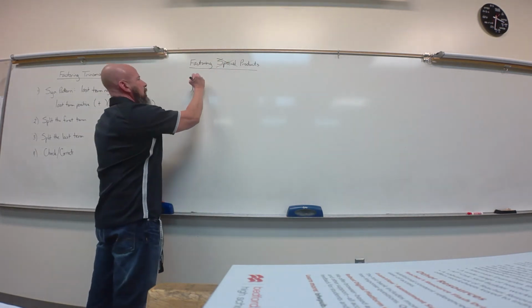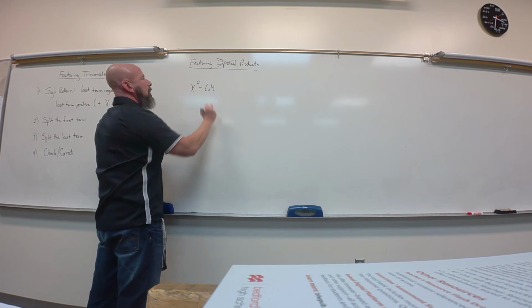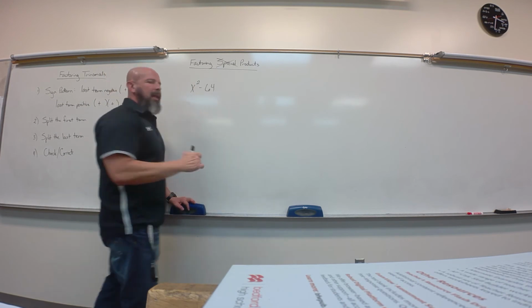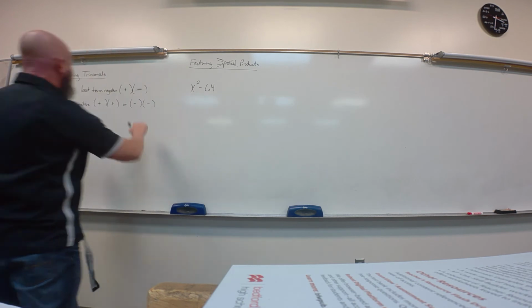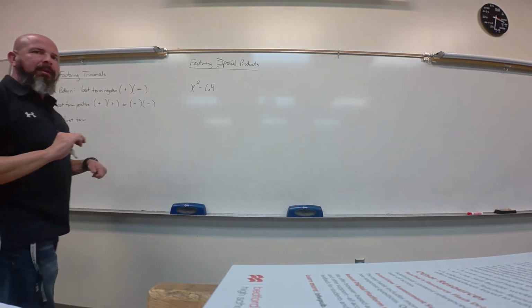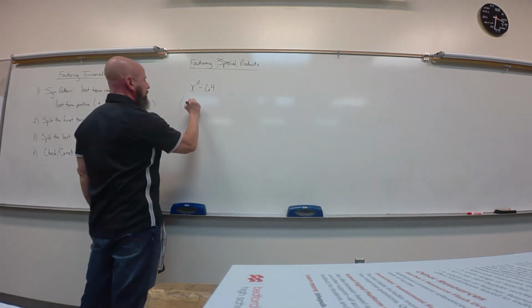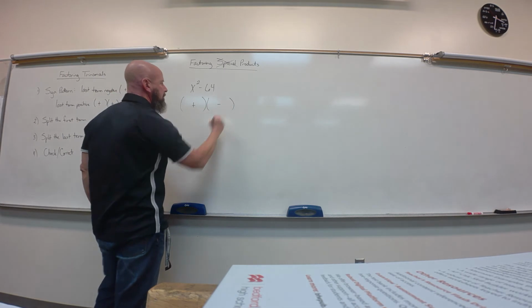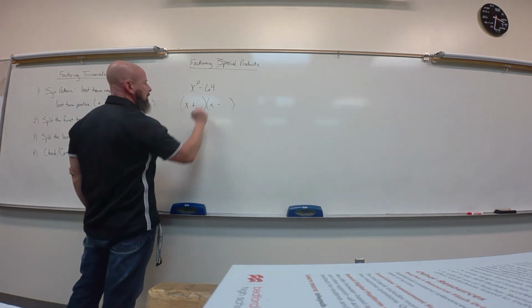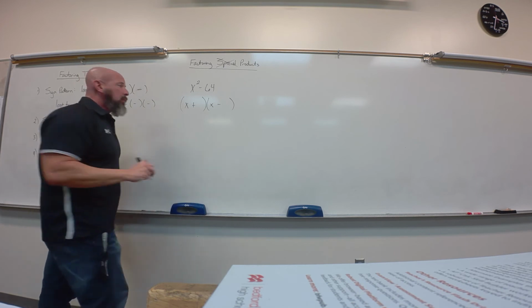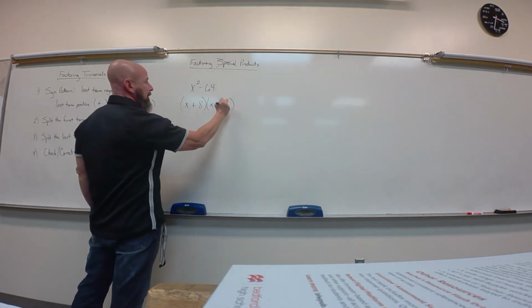If I had x squared minus 64 and I want to factor this, my last term's negative. Since my last term's negative, I've got one of each, so I'm going to have a plus and a minus. I split the front, x squared, x, x, and 64, 8, 8.